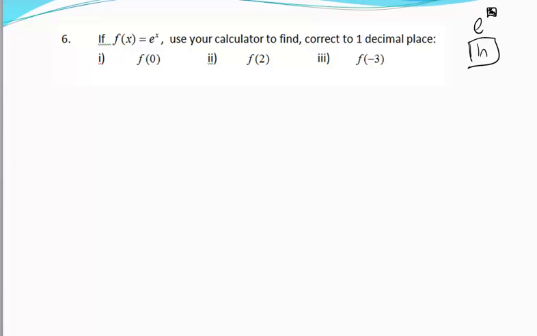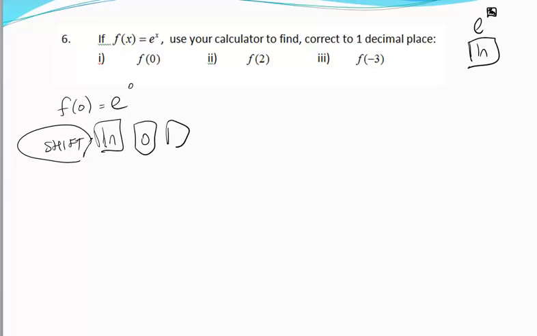So that means we're going to use shift here. So to do this one, f of 0 is going to be e to the power of 0. So we're going to press shift, natural logarithm button here, shift, logarithm, and we're going to press 0 and equals here. So we get that is equal to 1.